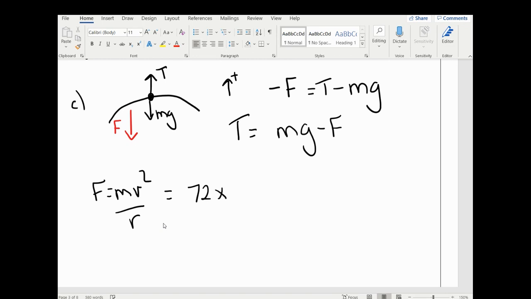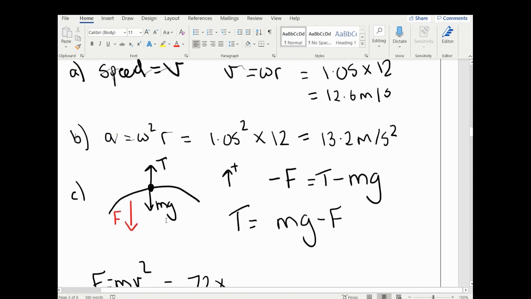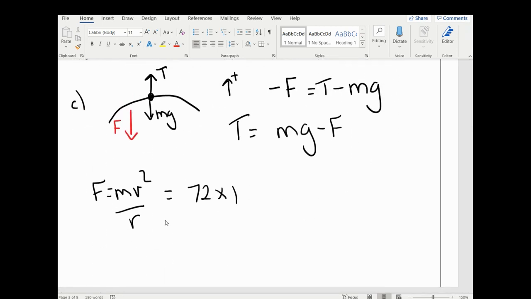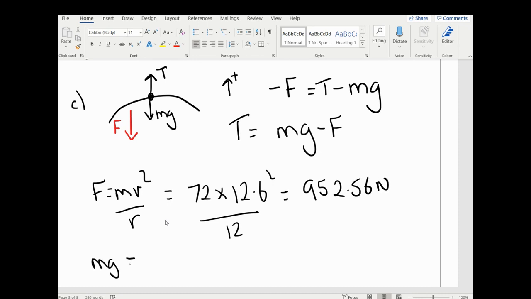So 72 times 12.6 squared divided by 12 equals 952.56 newtons. mg equals 72 times 9.8, which is 705.6.